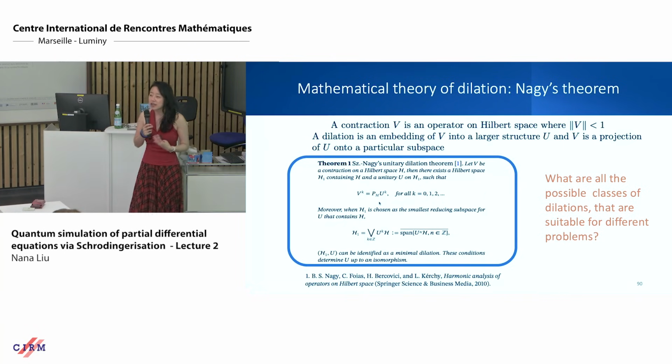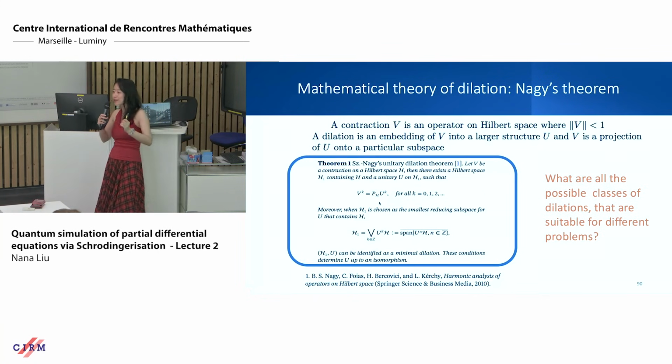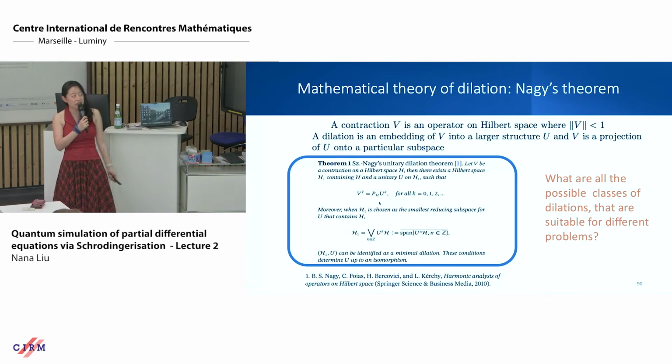Nagy's main proof is really to use what the block encoding scheme is. So if something's non-unitary, then you dilate it by having these off-diagonals like the square root of I minus A squared and minus the square root of I minus A squared, and so on. These things you've seen already.